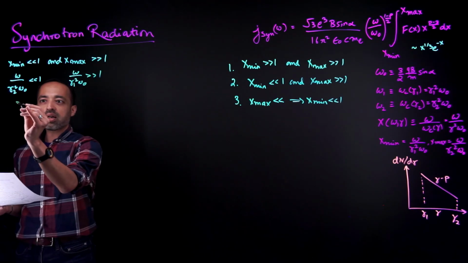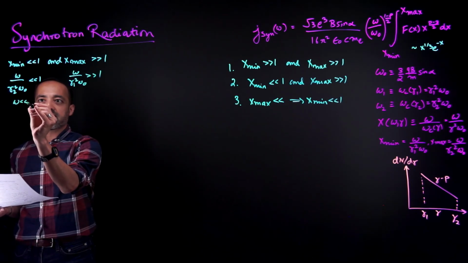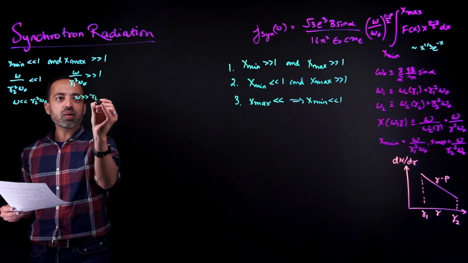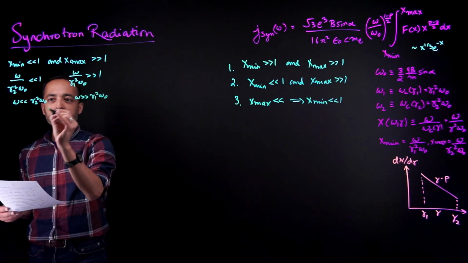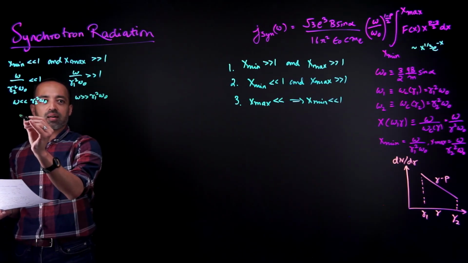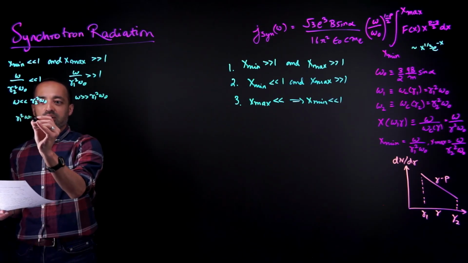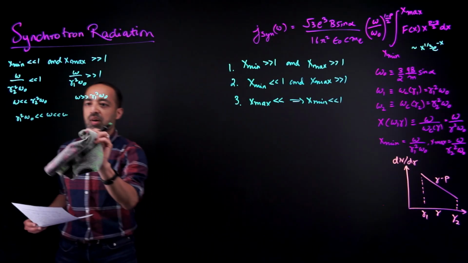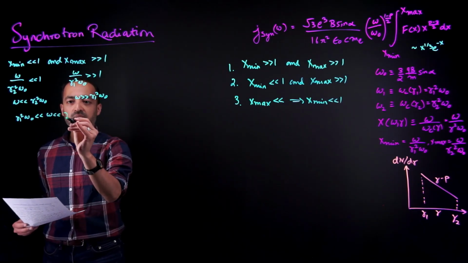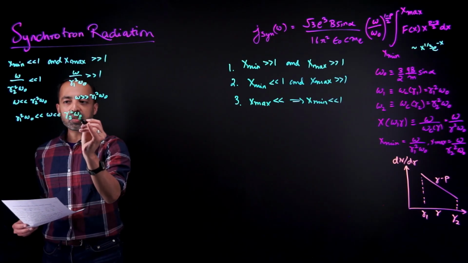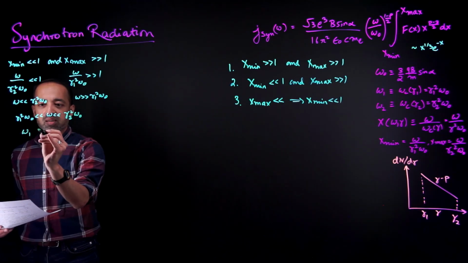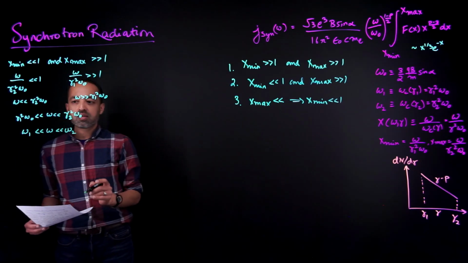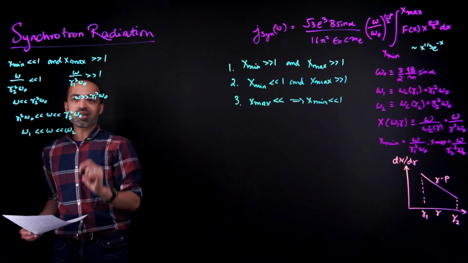That means our observing frequency omega is much less than gamma 2 squared omega naught, and omega is much greater than gamma 1 squared omega naught. Putting these together, gamma 1 squared omega naught is much less than omega, which is much less than gamma 2 squared omega naught, which is the same as saying that omega is between omega 1 and omega 2. Omega 1 is gamma 1 squared omega naught, and omega 2 is gamma 2 squared omega naught.